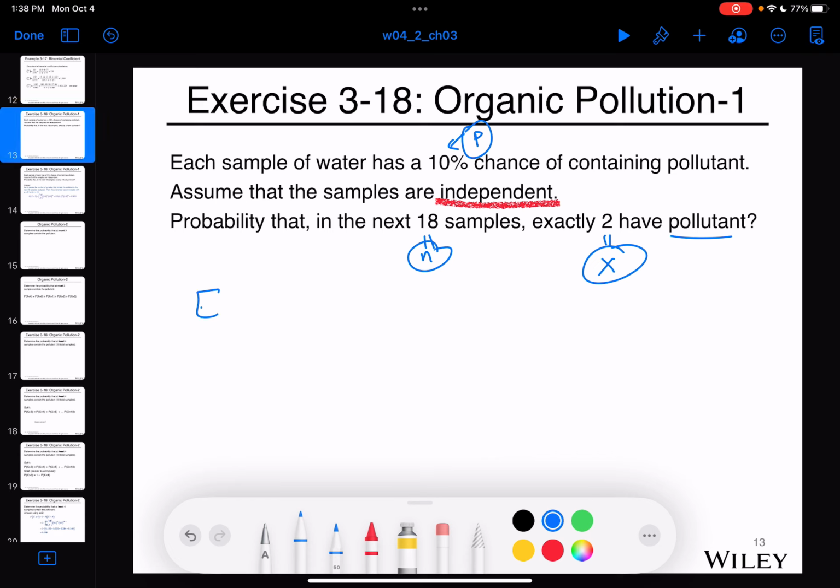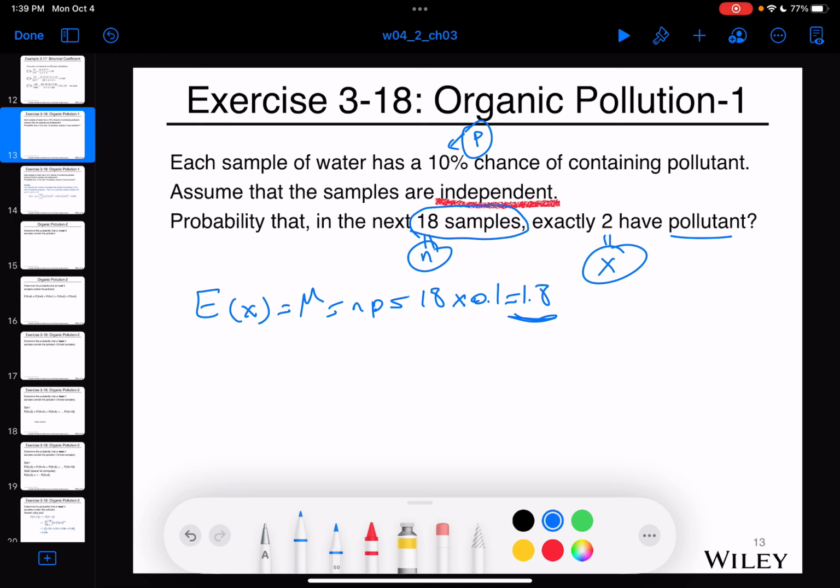So the expected value of x, which is mu, is going to be NP, which is 18 times 0.1, and that's 1.8, right? So that means that if we have 18 samples, on average we expect to have 1.8 samples that contain pollutants, right?